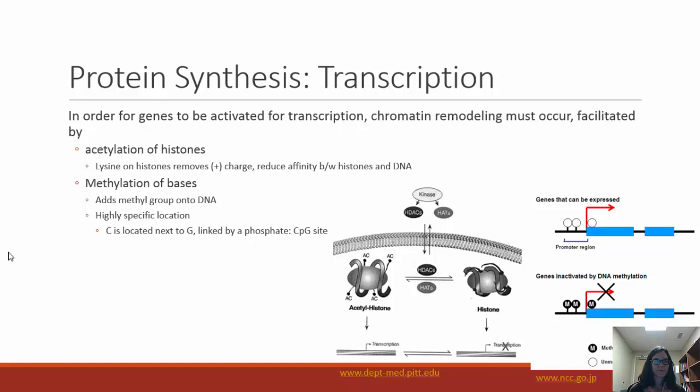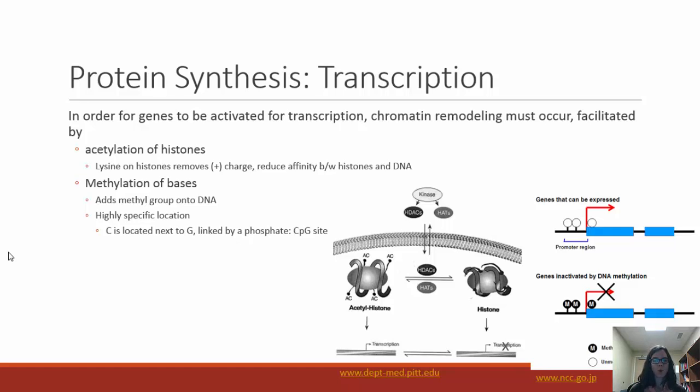So there are lysine amino acids in these histones, and the acetylation of these lysine residues in the histone proteins removes the positive charges and thereby reduces the affinity between the histones and the DNA. So this makes it easier for RNA polymerase and transcription factors to access the promoter region of the gene.